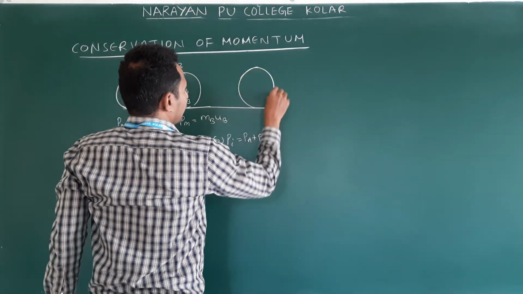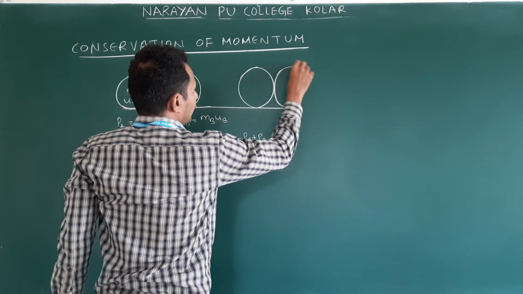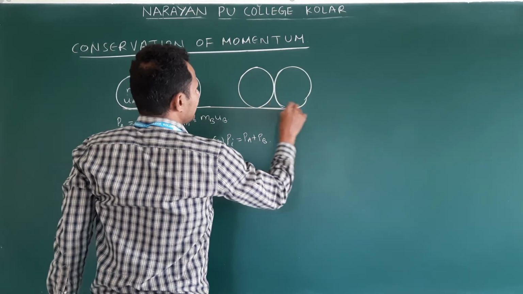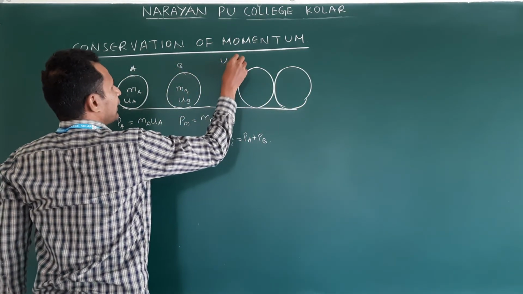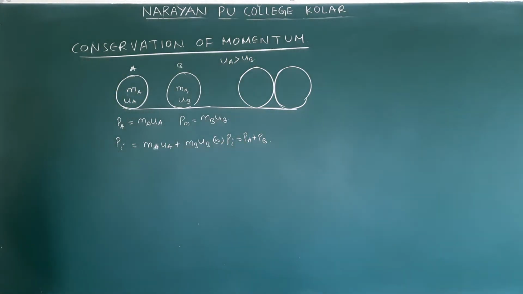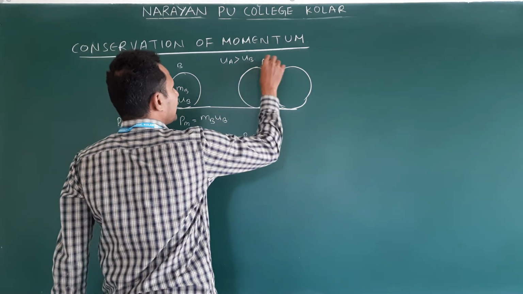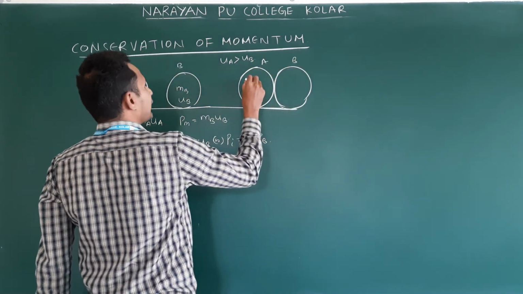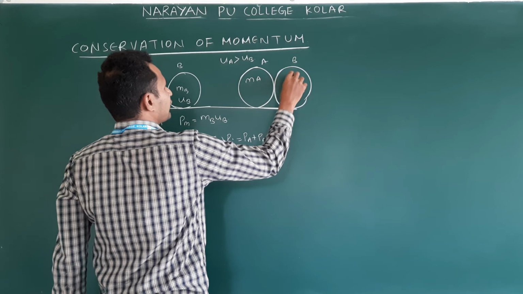Now, here there is an impact. The reason is UA is greater than UB. What happened? A hits B. Same again, MA and this is MB.